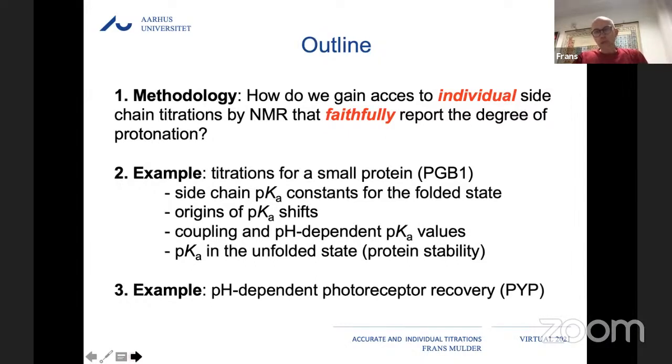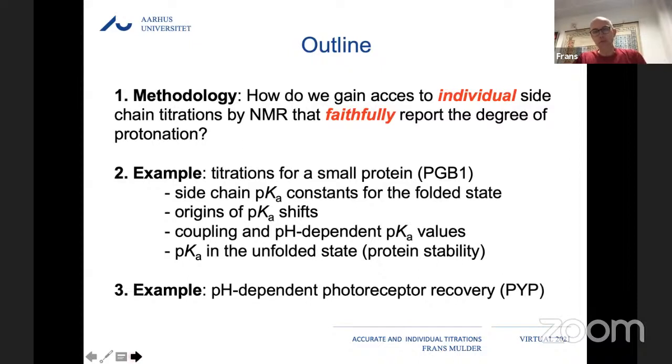And the focus has been all the time to be able to get access to individual titrating groups, which of course in proteins are the side chains, and to do that by NMR spectroscopy, in order to get a faithful representation of the degree of protonation or the protonation state of these individual side chains.